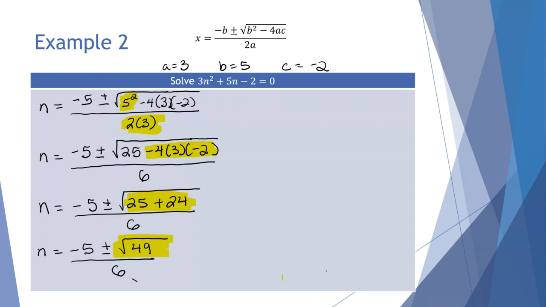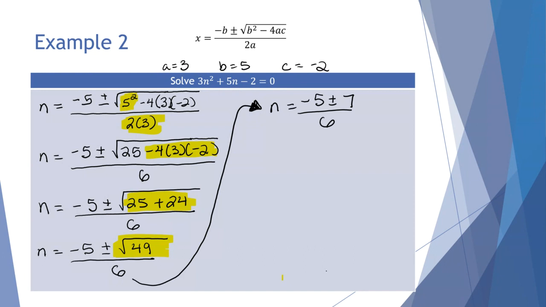I'm going to start moving over here. This is a very lengthy process. So I have n equals negative 5 plus or minus 7 over 6. Now the plus or minus means we have two answers.